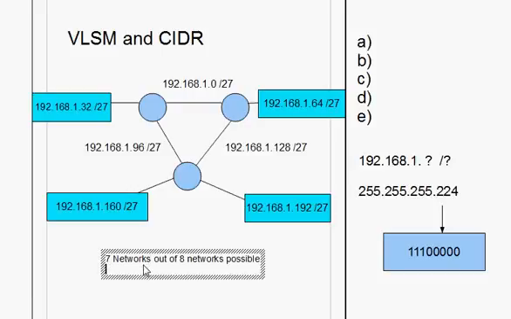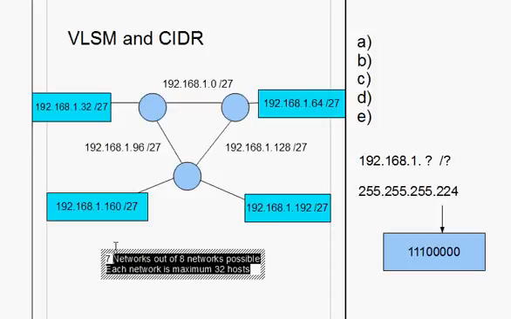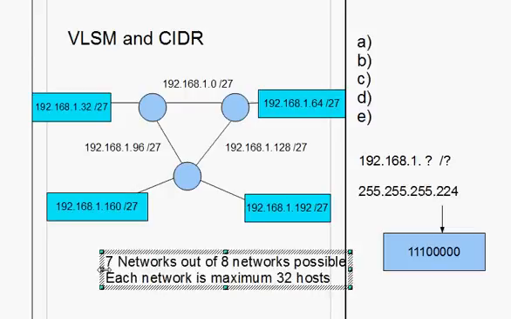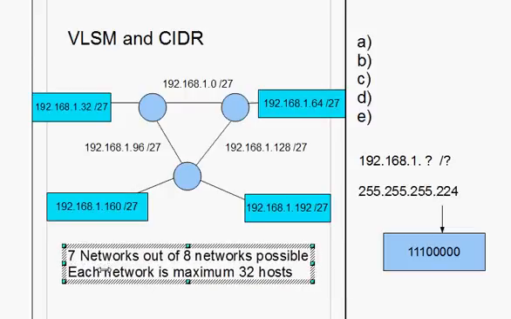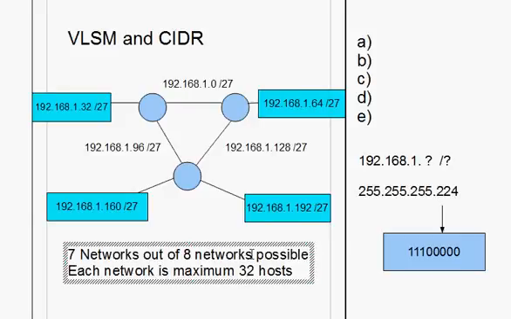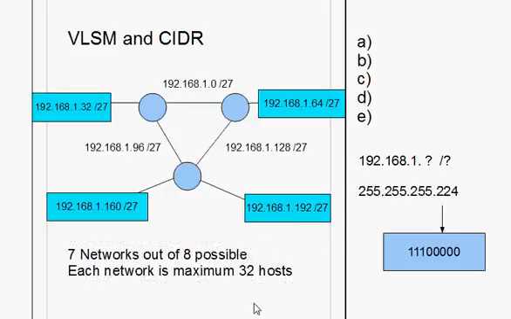Each network is a maximum of 32 hosts, which is actually 30 hosts because you can't use the first address or the last, because the first is the network address, the last is the broadcast address. So essentially what you have right now in this scenario is 7 networks out of 8 possible, each a maximum of 32 hosts.